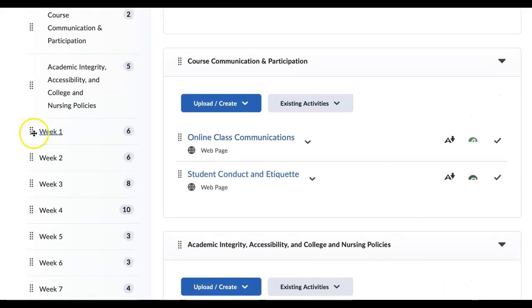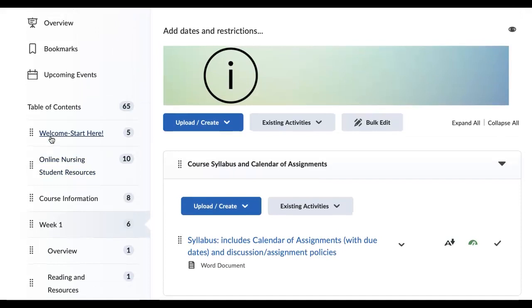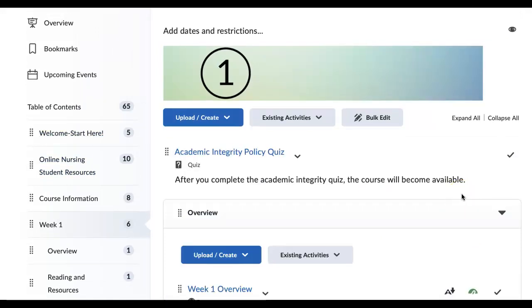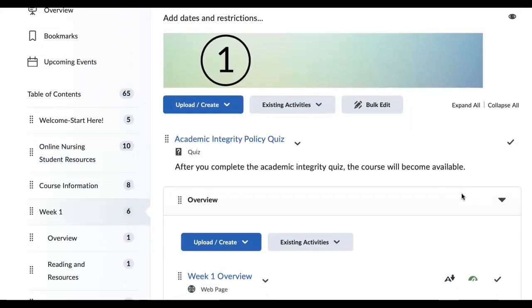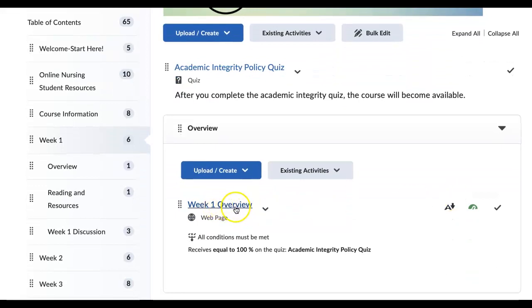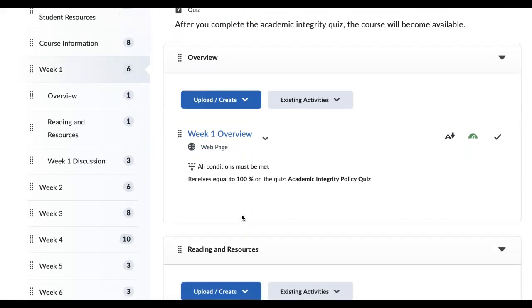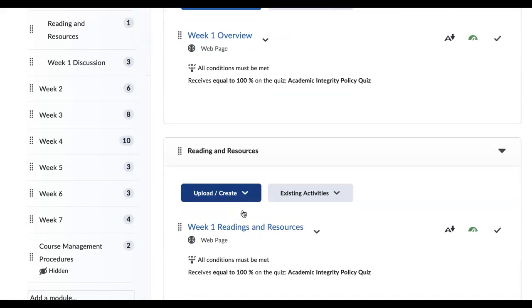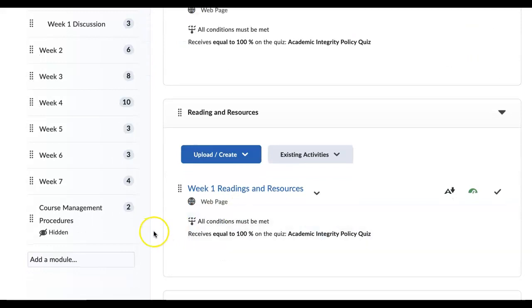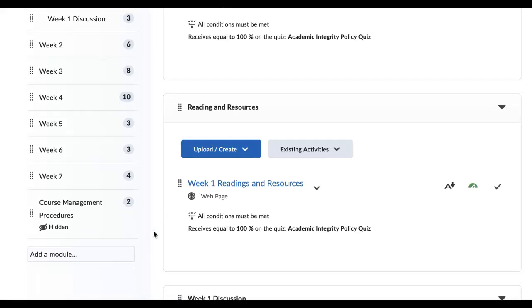And so now we'll get through to the different weeks. So week 1 is a general introduction to global health. The overviews in each week just tell you the different learning outcomes that we're going to meet each week. The reading and resources is where you'll find any textbook readings or articles and a brief overview of the topics of the week.